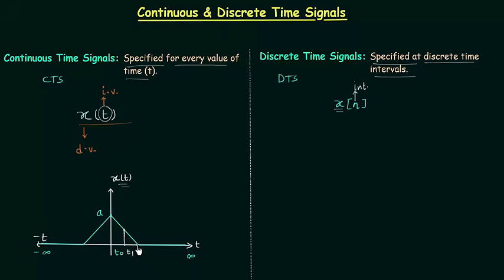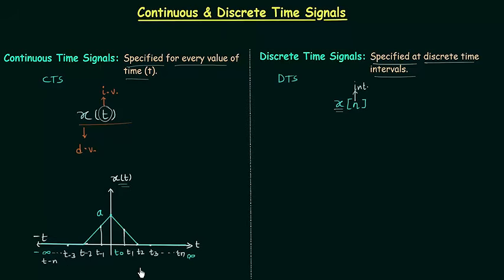It is specified at t2, it is equal to 0. In the same way, it is specified here at t3 all the way to tn. Here it is specified at t minus 1, this is the value. It is specified at t minus 2, t minus 3 all the way to t minus n.